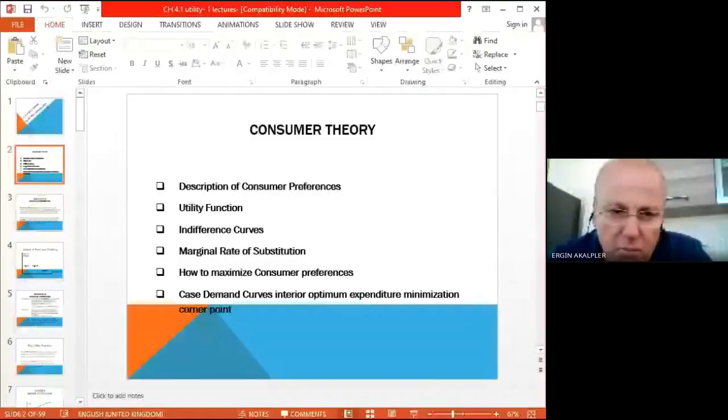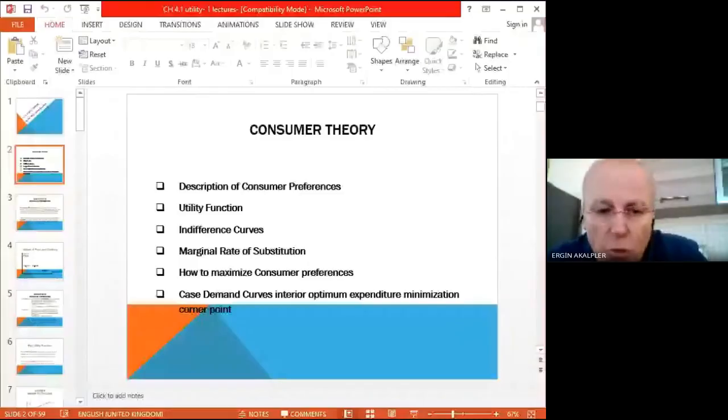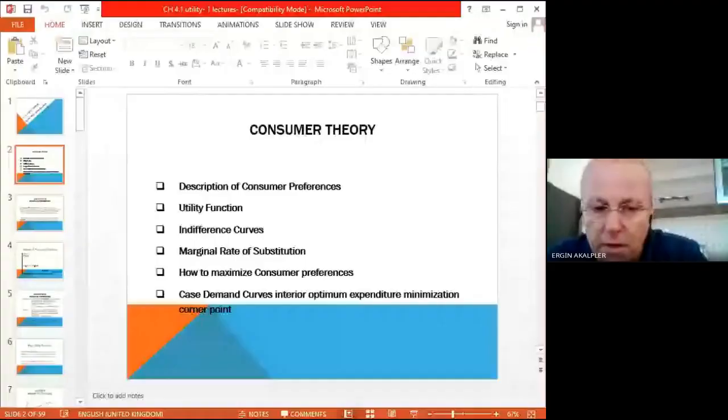What we are doing today, we are going to exercise again the consumer preferences. The utility function will be introduced to you a little more comprehensively, and then the indifference curve. We refresh you again, and the marginal rate of substitution to see how it is going to be realized and applied to the theory, to the cases.